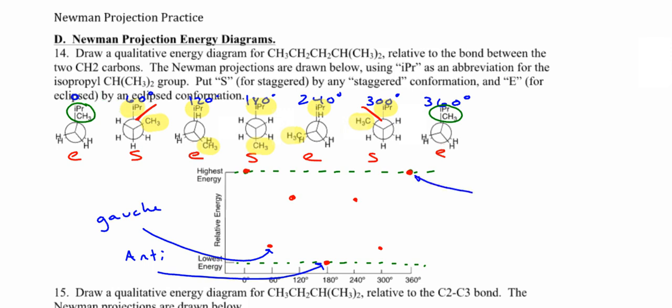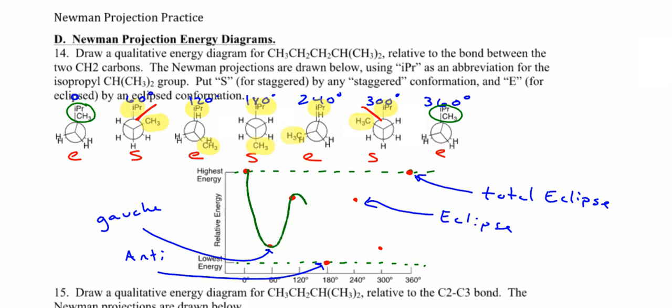This is a total eclipse, and this is simply an eclipse. If I map this out, it looks something like this. You'll notice the anti is the lowest, the gauches are higher, the eclipses are higher yet, and the total eclipses are the highest.